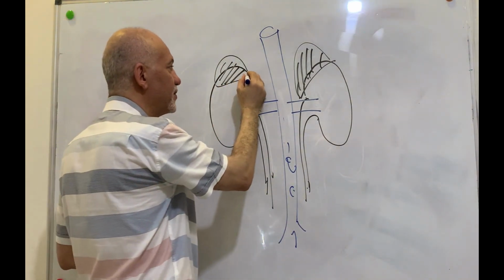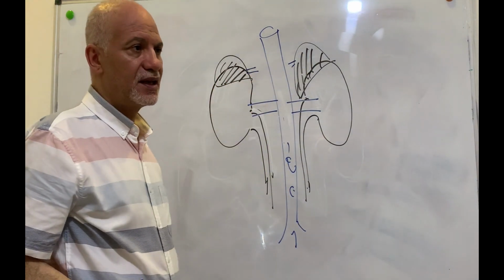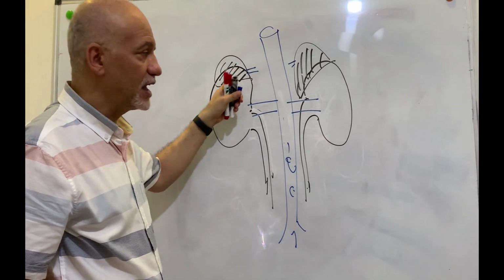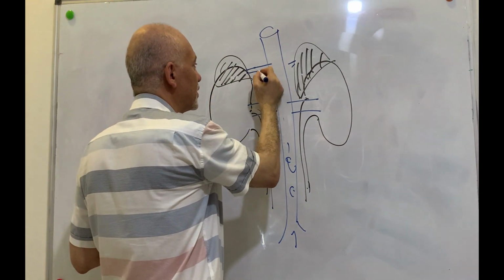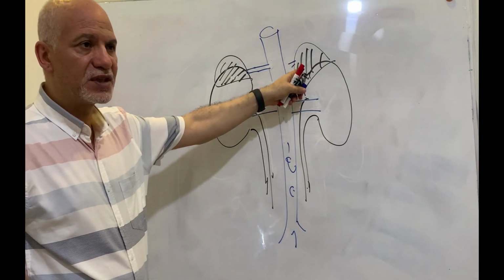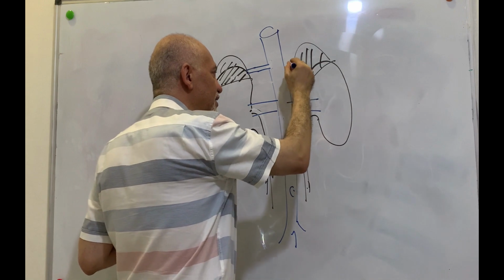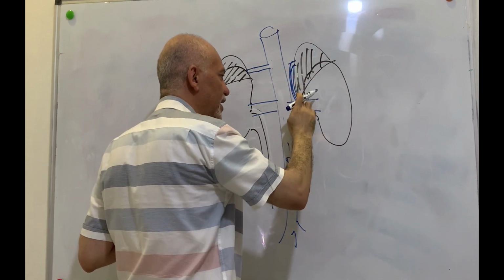One vein for each suprarenal gland. The vein of the right suprarenal gland drains directly to the inferior vena cava. But the vein from the left side drains into left renal vein.